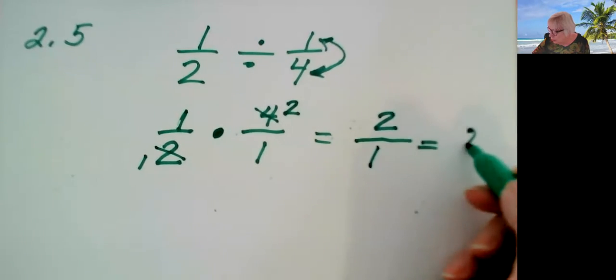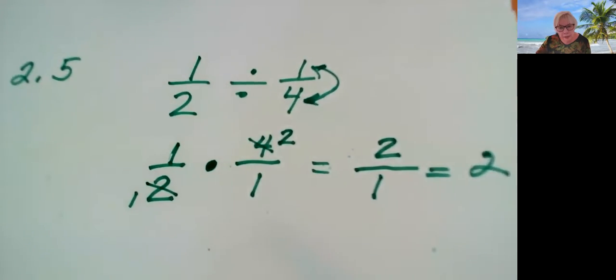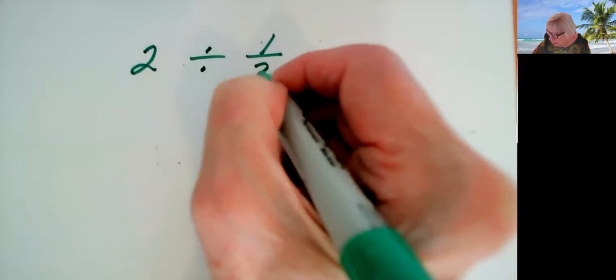But we'll change that to just plain ordinary 2, not 2 divided by 1. And so this becomes the format. If it's division, change it to multiplication, invert the second number. It's really the reciprocal.